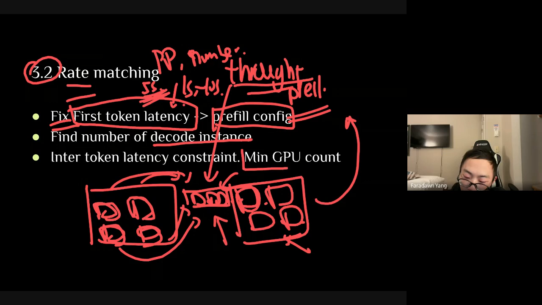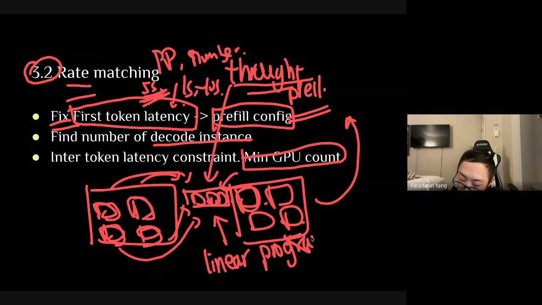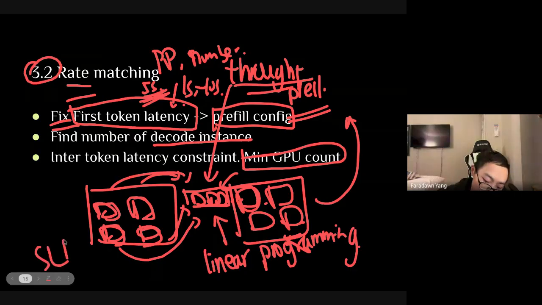And the goal is to minimize the GPU count, to minimize the cost, right? And how to solve this? We sometimes use linear programming, but Dynamo has much smarter ways to solve this. It's the SLA planner, which is very important.